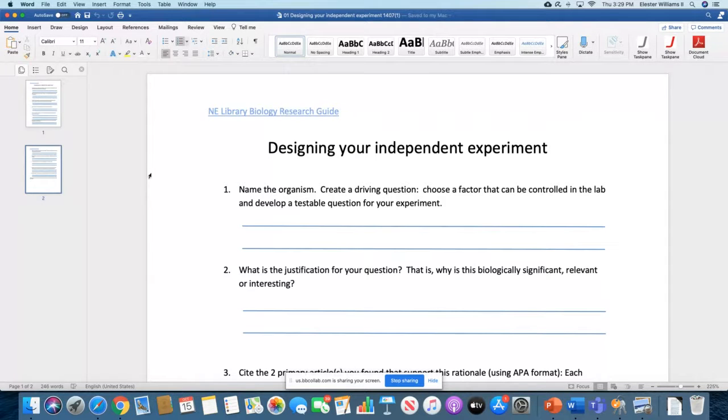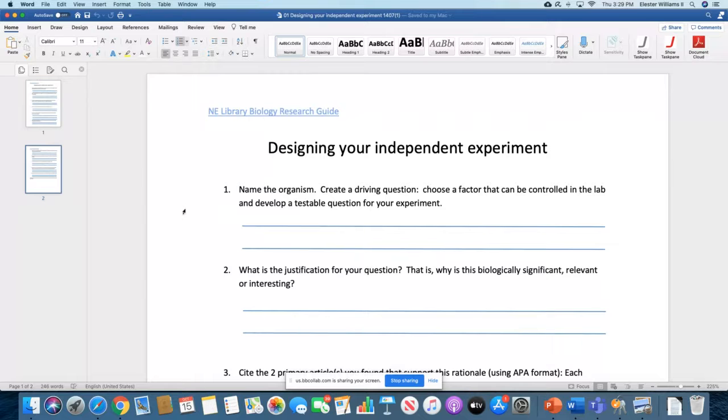Ultimately, you're looking at a question that corresponds to something that is testable, quantifiable, and falsifiable as well, something that you can actually look at and examine in a lab, theoretically.